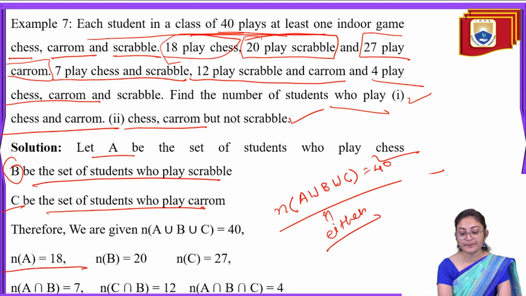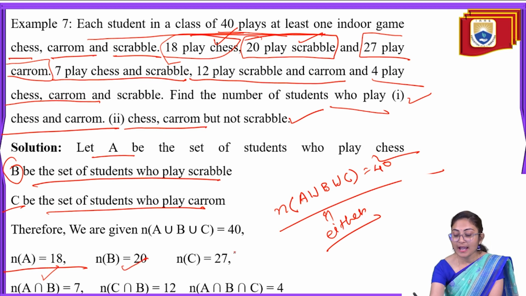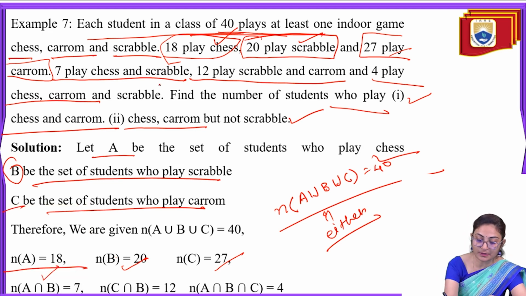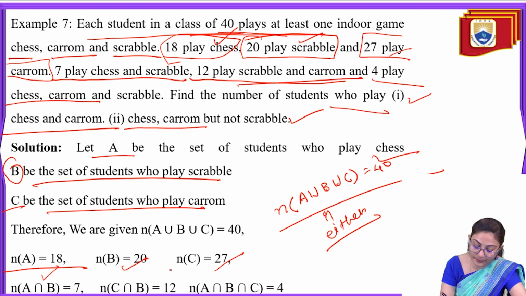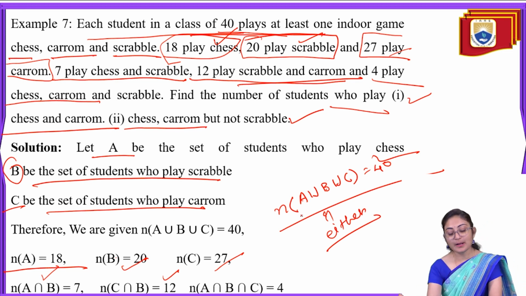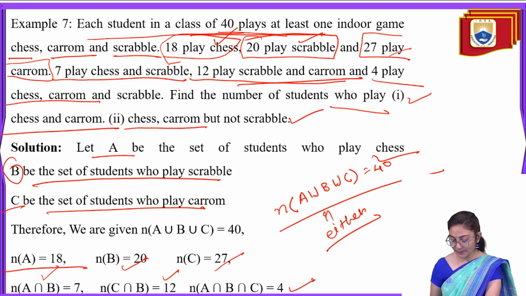Then N of A, chess, is 18. N of B, Scrabble, is 20. N of C, that means carom, is 27. Then they have given the chess and the Scrabble 7, then Scrabble and carom 12, and chess, carom and Scrabble is 4.